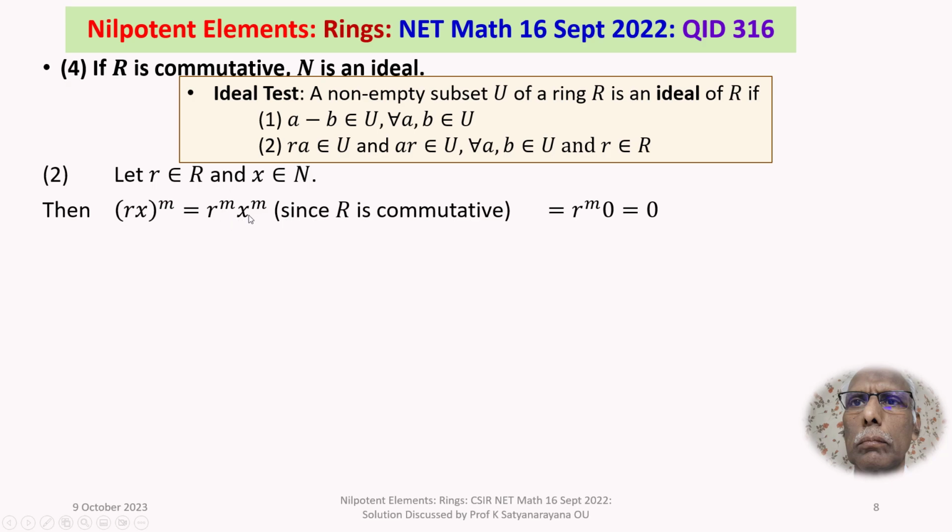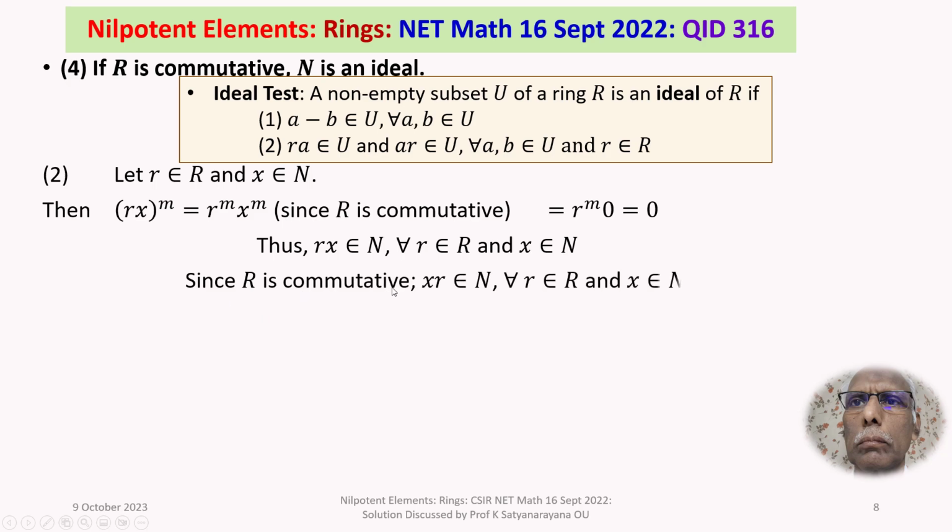So r^m x^m, and r^m x^m is 0. So that means rx belongs to N for all r in R and x in N. And since R is commutative, rx equals xr, and xr also belongs to N. So what we have proved is rx belongs to N and xr belongs to N for all r in R and x in N. The second condition is satisfied.